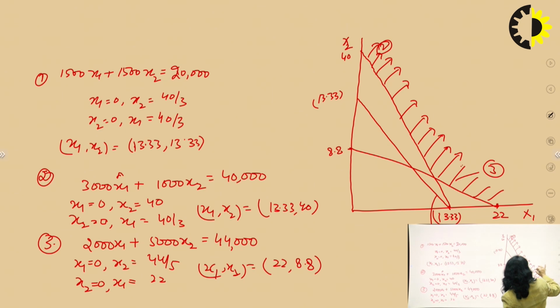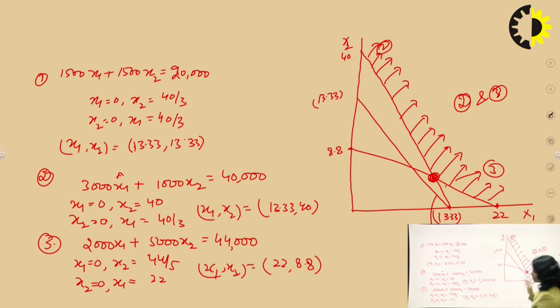So we can say this is the unbounded type condition. Okay, so if we look at the common points, these will be the common points. This is the intersecting point, this one. This intersecting point comes from the second and third equation.